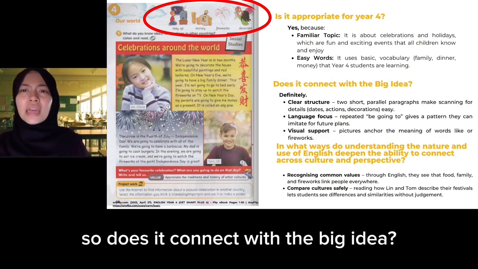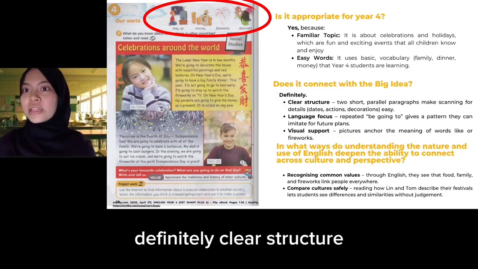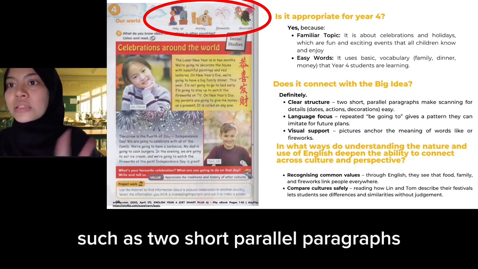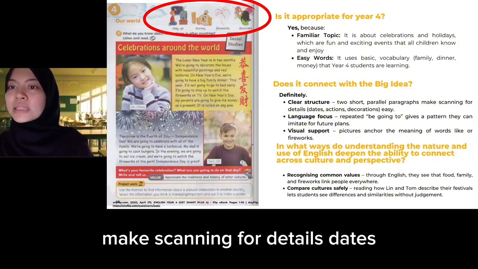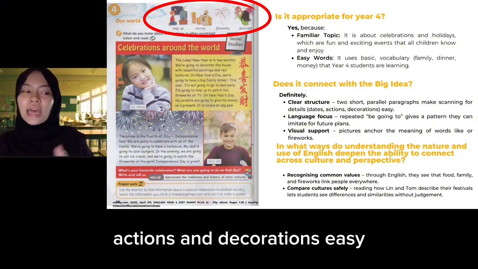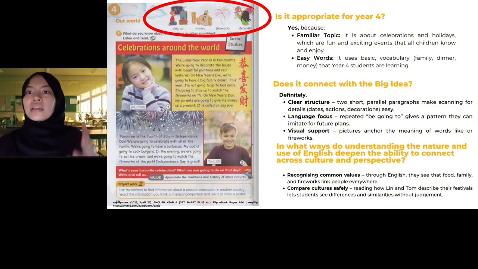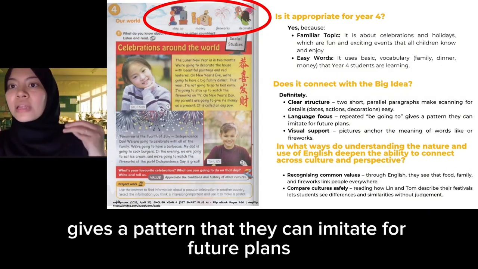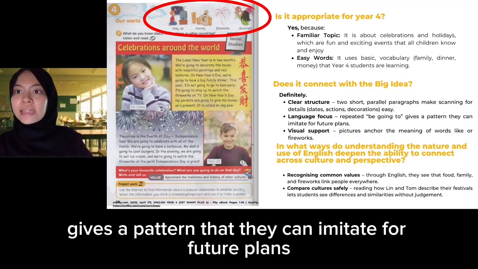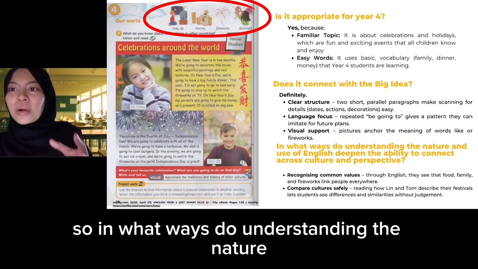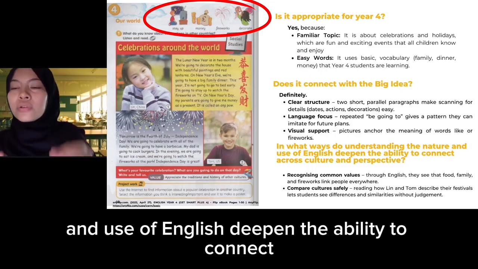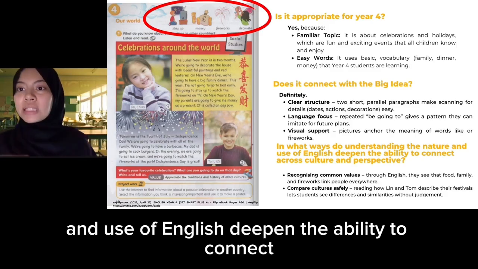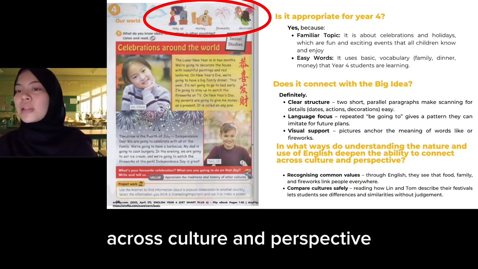So, does it connect with the big idea? Definitely. Clear structure, such as two short parallel paragraphs, makes scanning for details, dates, actions, and decorations easy. The language focus is repeated, like "be going to," which gives a pattern that they can imitate for future plans. So, in what ways does understanding the nature and use of English deepen the ability to connect across culture and perspective?